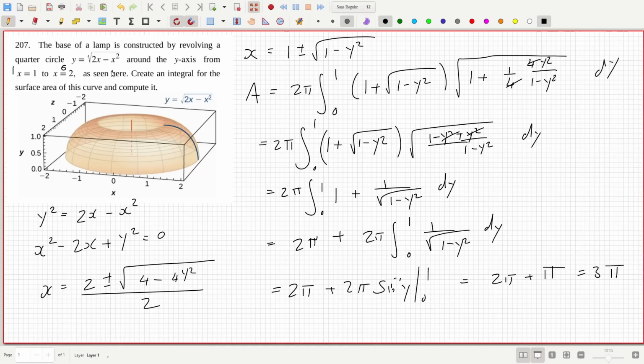Yeah, okay. 1 plus root 1 minus x squared, one plus x squared, in brackets.